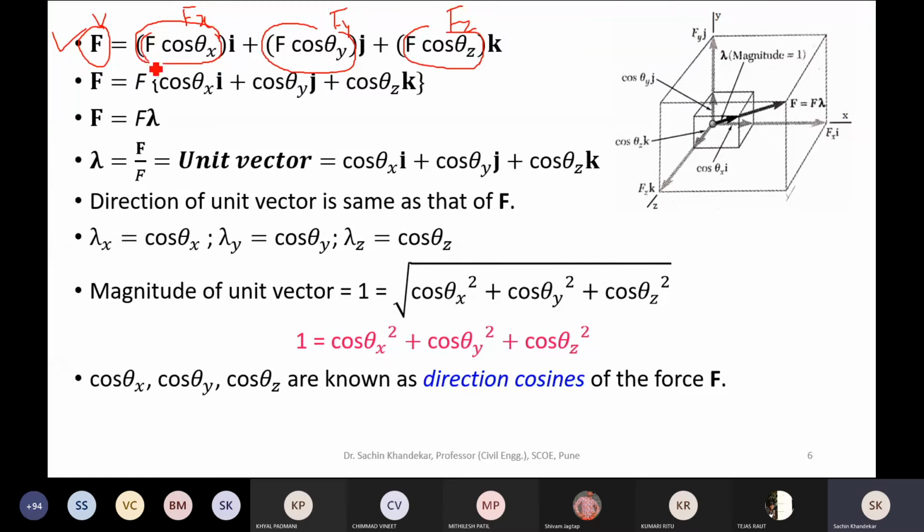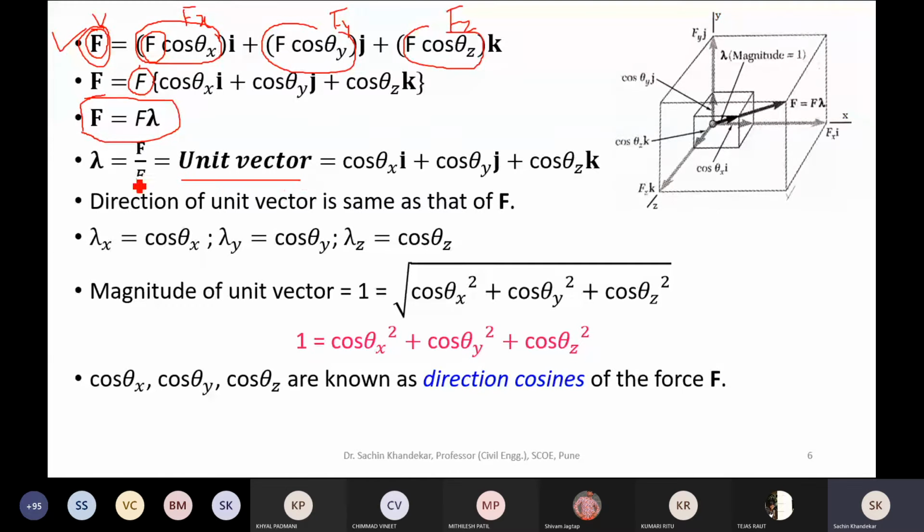Now F is the magnitude of this resultant force vector F. Taking this magnitude as common, I can express the force vector F as F, the scalar, into bracket cos of theta x i plus cos of theta y j plus cos of theta z k. Now I am expressing the above expression as F is equal to the magnitude F into lambda, where lambda I am defining as a unit vector.